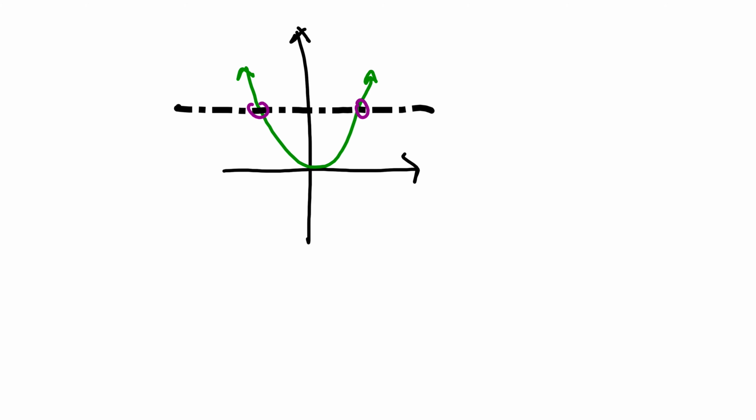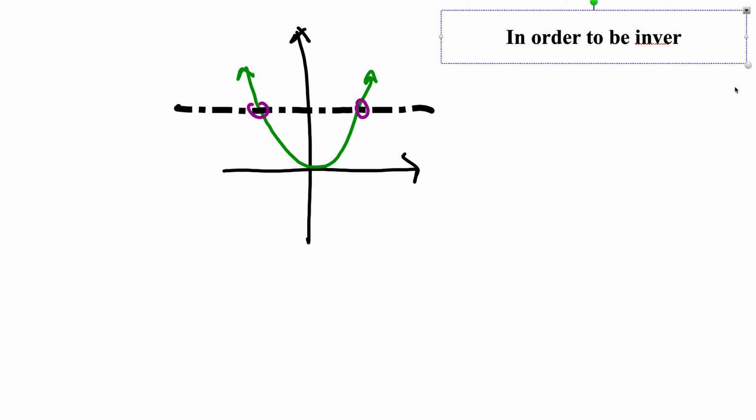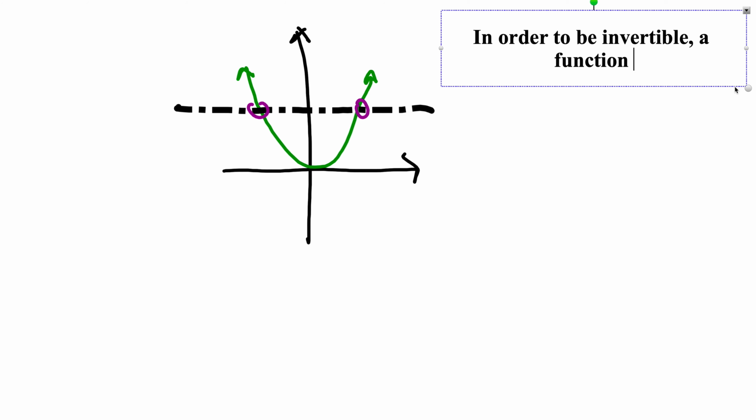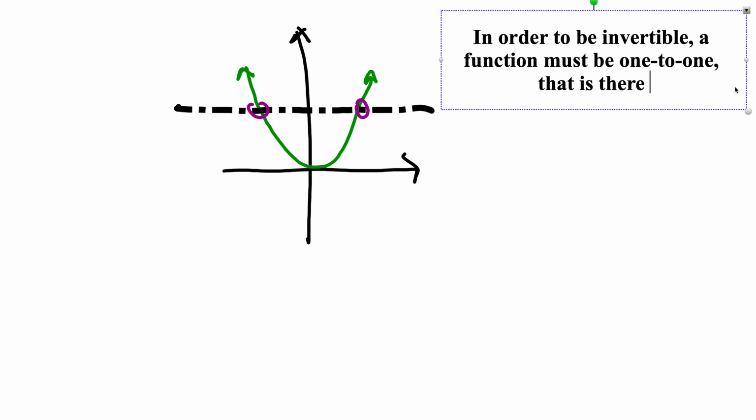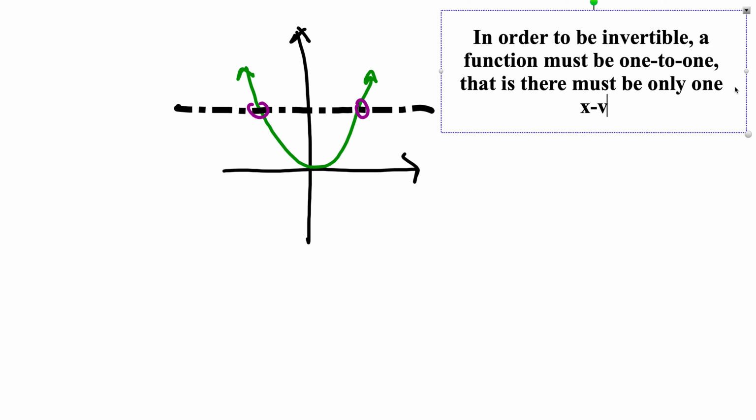So it turns out, in order to be invertible, I'm going to type this so you can actually read it: in order to be invertible, a function must be 1 to 1. That is, there must be only one x value for every y value.